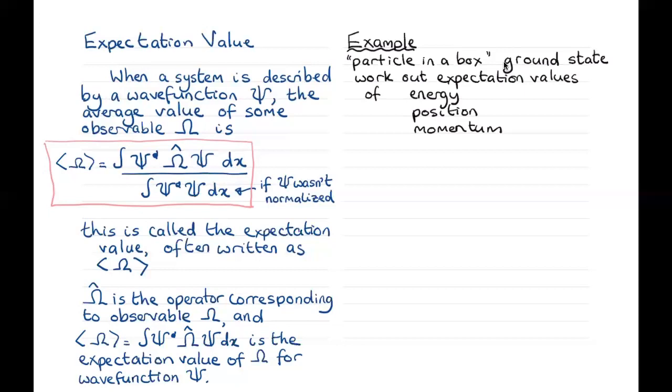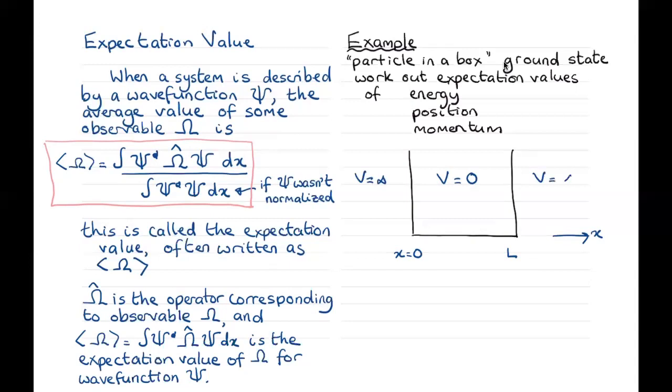And so the problem is an electron confined in a box of length L between, say, x is equal to 0 and x is equal to L, with a potential 0 within the box and infinity outside of the box.